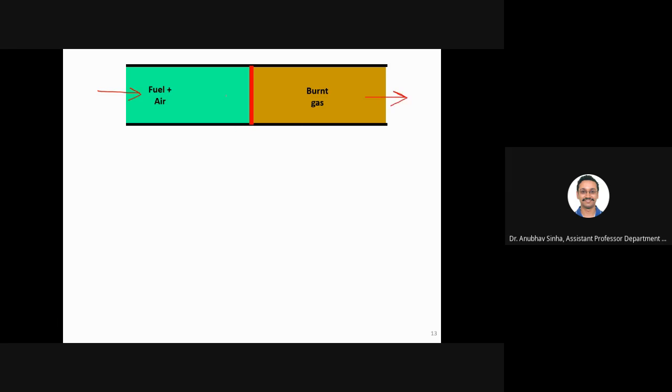My only focus is at what rate I supply so that it does not move. If I supply too fast, it will move like this. If I supply too slow, then it will move like this. If I supply at the correct proportion, correct speed basically, correct m dot, then I can hold it in its place. That is what I'm trying to convey.